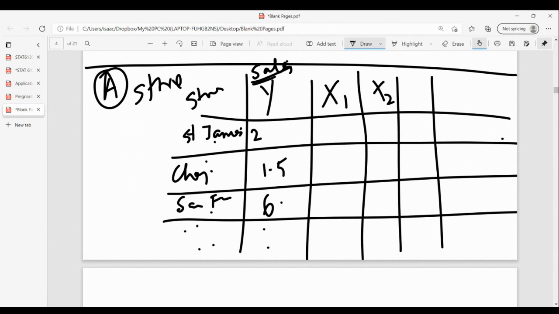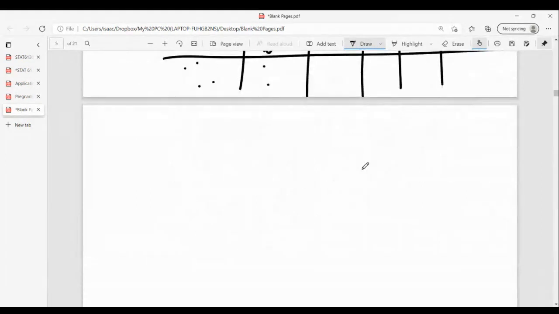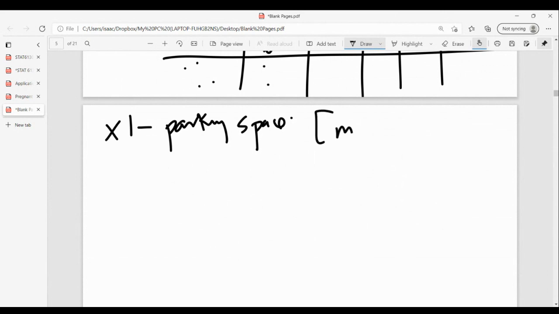So somebody could come up and say, X1 could be parking space, right? So one variable would be parking space, because if you are going to buy something and you have a car and you don't have any parking space, and it's very difficult to get a space, then you might not go. So your parking space that is available, say in meters squared.